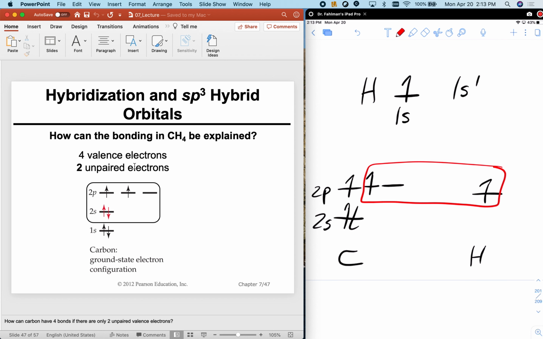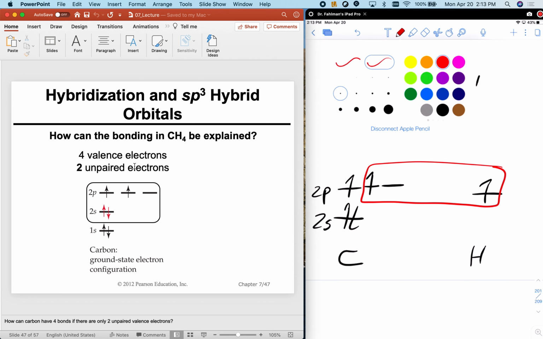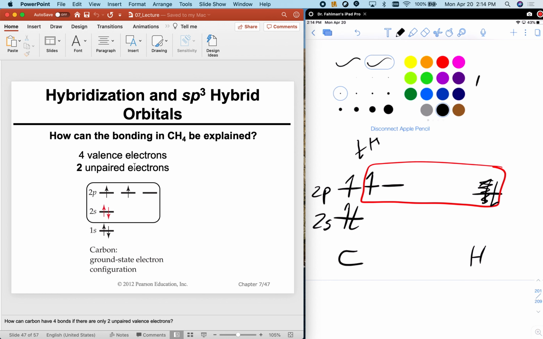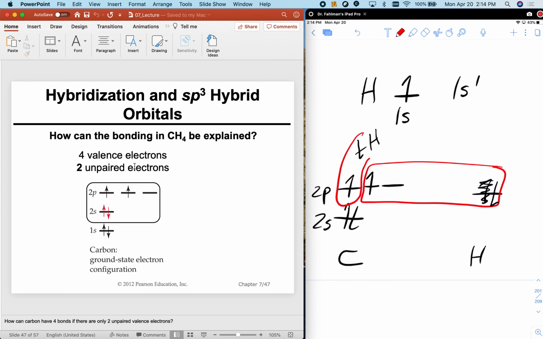Because you've got one here, so they'll pair up, and when you pair it up, one electron will be spin down like that. Then we can come in with another hydrogen, and I'll draw it like that purposely so that they will pair up, and then you can form another one here. And so that says that is really all you'd be able to form.